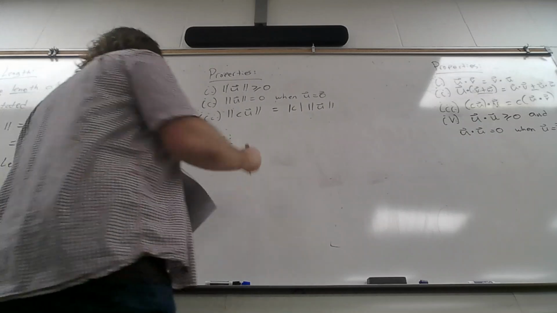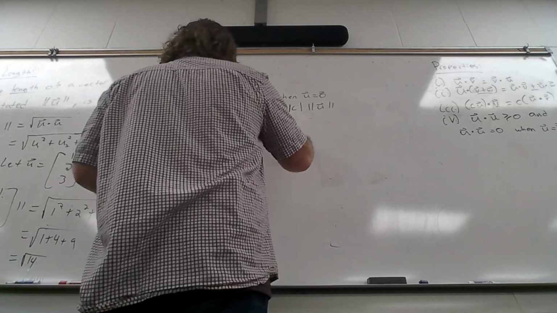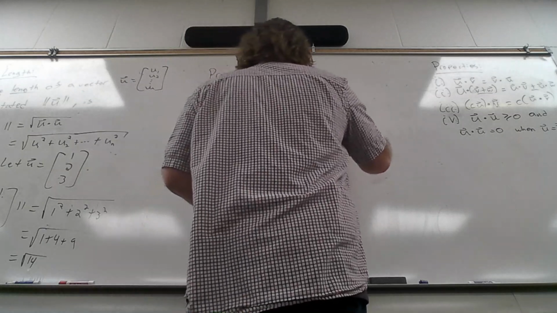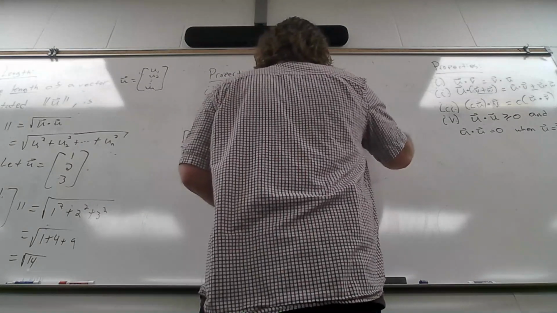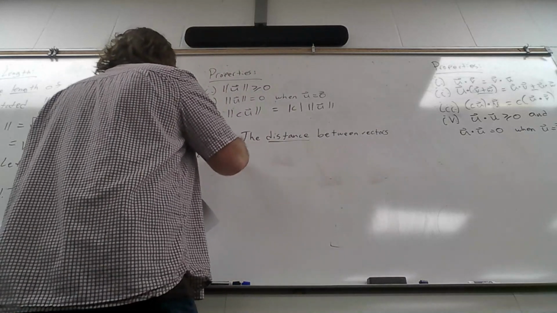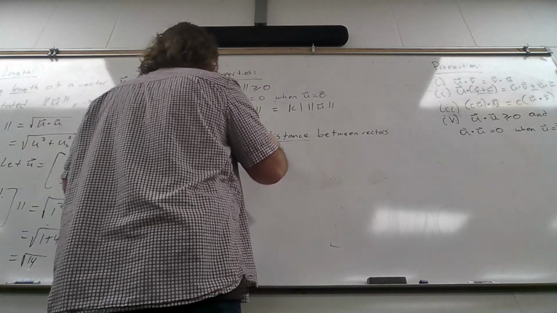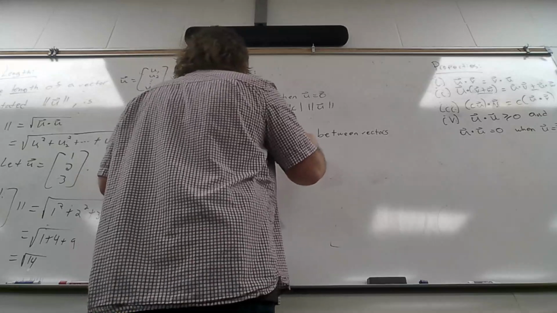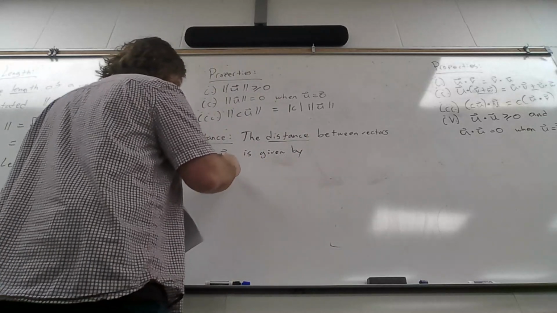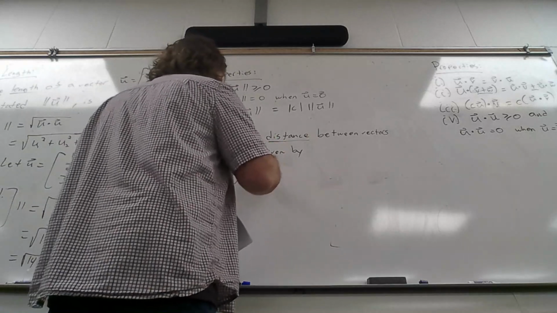So the distance between two vectors u and v. It's actually a pretty simple formula in terms of what we've already defined.